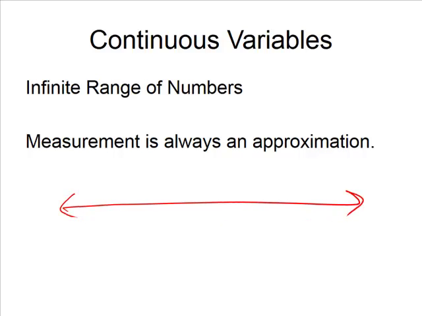This is a number line. How would I represent infinity on a number line? Anybody remember what infinity looks like? It's a sideways 8. Or it's a little fish. We can go to positive infinity, and we can also go to negative infinity. So that's one way numbers are infinite. They can be infinitely large or infinitely negative.